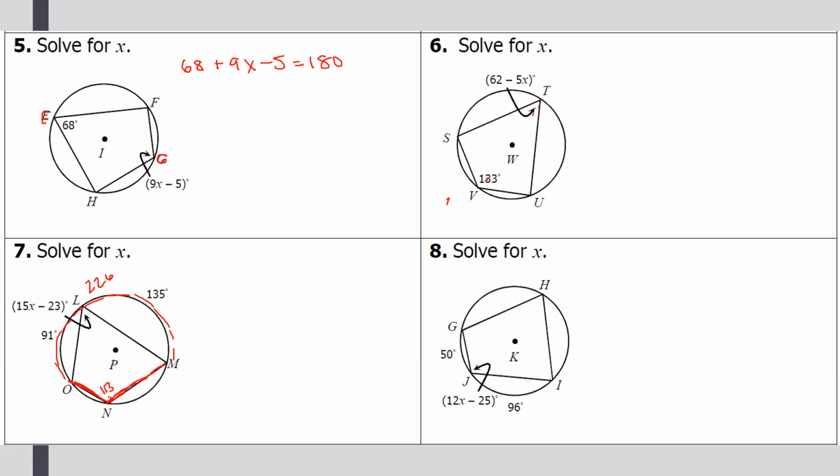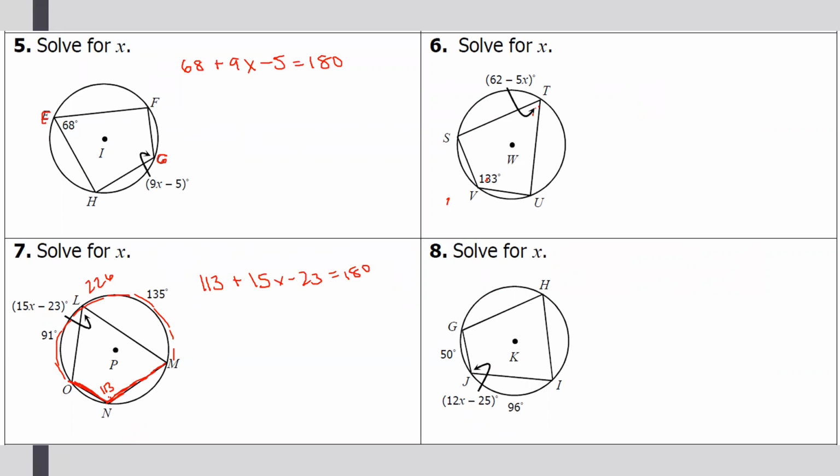So now you know angle N. And so now you can say, oh, well, angle N and angle L are opposite angles in an inscribed quadrilateral. They must be supplementary. So sometimes they don't give you every single piece that you need for your equation, but they give you all of the clues you need to figure out your missing piece.